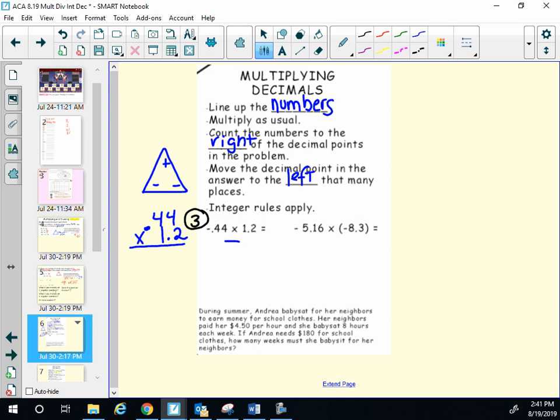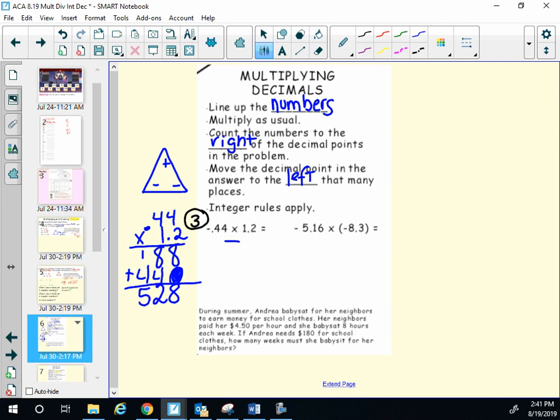So let's just multiply like we normally do. We know that 2 times 4 is 8. 2 times 4 is 8 again. I'm going to put a 0, one filler. 1 times 4 is 4. 1 times 4 is 4. I'm going to add 8 plus 0, and 8 plus 4 will carry a 1.